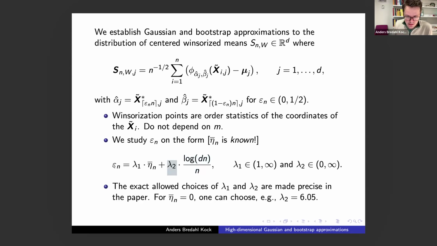So then we would choose epsilon equal to 6 times this sequence here, and the theoretical results that are shown in the sequel are valid for that choice of epsilon here. So you would choose the lower epsilon order statistic, with epsilon being 6 times log dn over n, and beta being the upper epsilon order statistic here. So there are no unknown quantities, so this implementation is fully feasible.